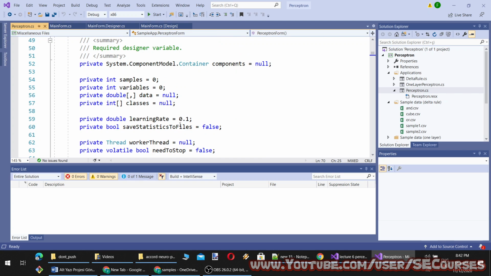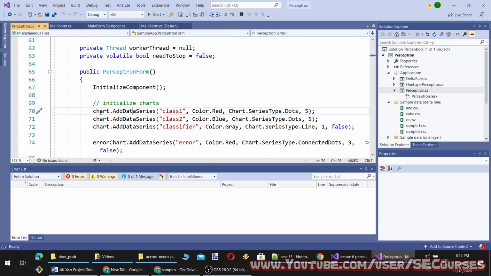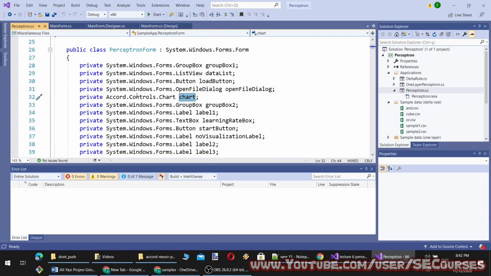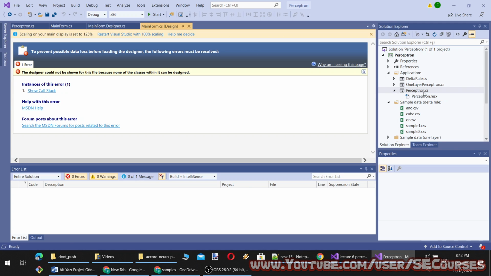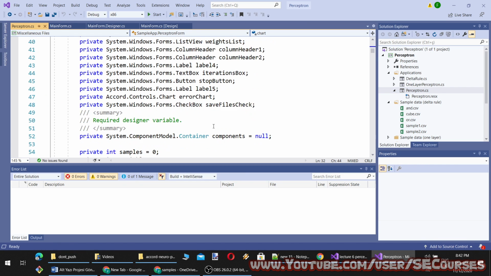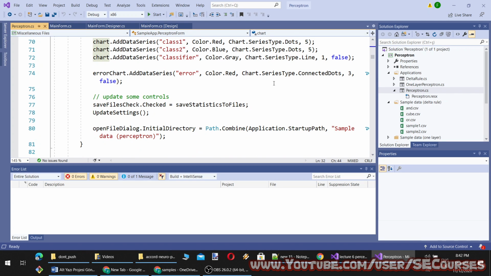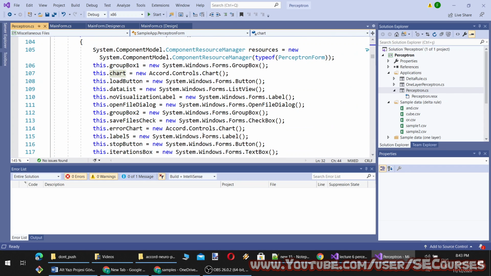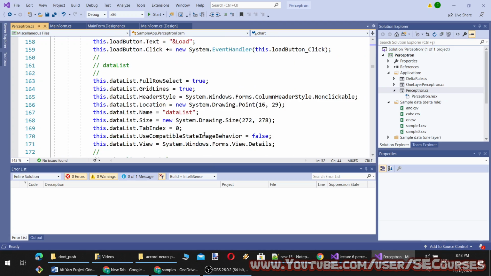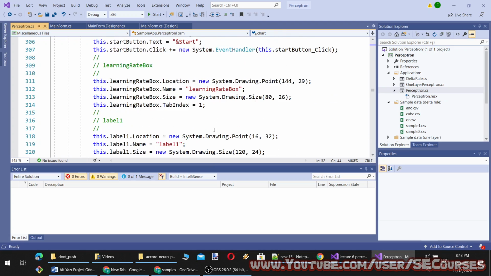So what is chart? Okay, so this is the Accord.NET control framework.